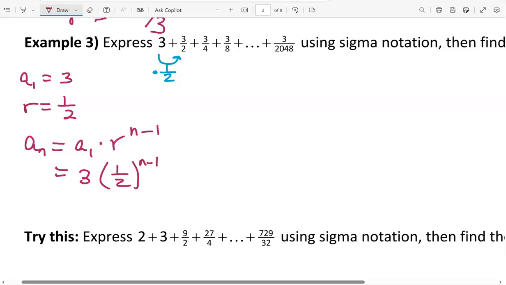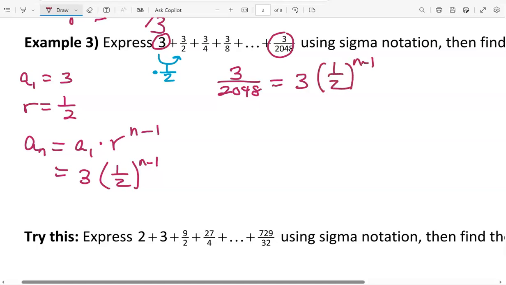We know that our sequence starts with the first term, but we don't know what number term that last one is, so I'm going to set 3 over 2048 equal to 3 times 1/2 raised to the n minus 1, so that we can find the value of n for that term. Let's divide both sides by 3. That'll give us 1 over 2048 is equal to 1/2 raised to the n minus 1.